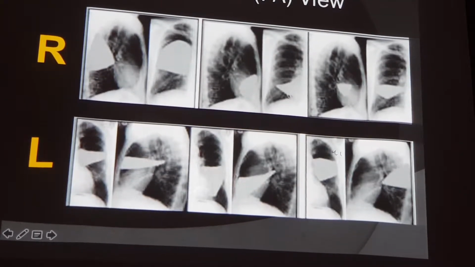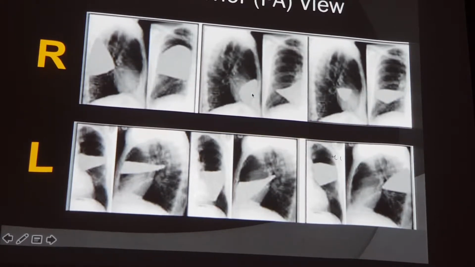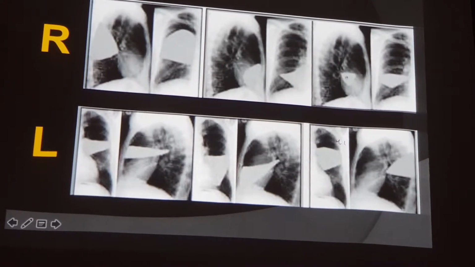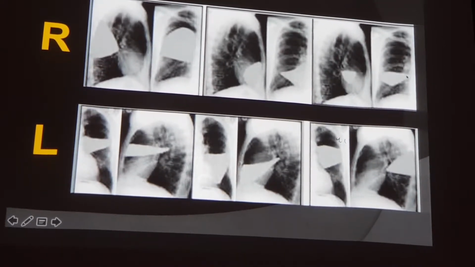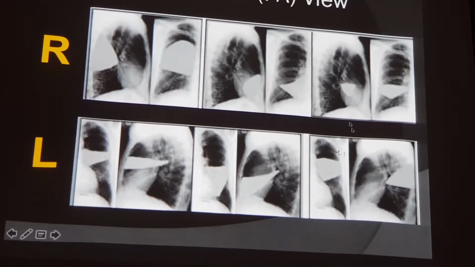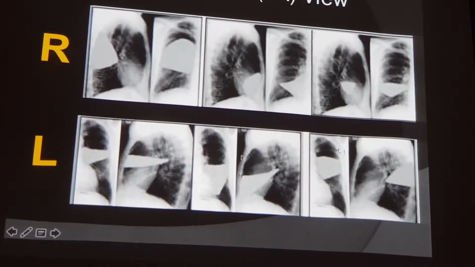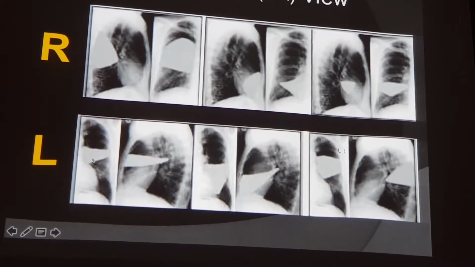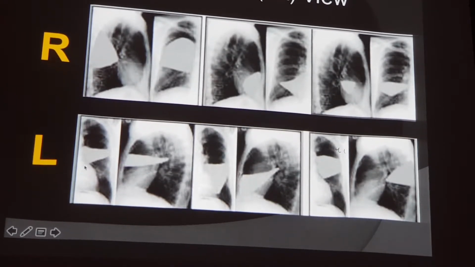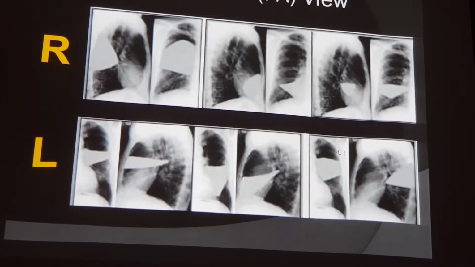This is the medial segment on the AP view, medial segment on the lateral view, the lateral segment of the middle lobe on the AP view, and this is how it appears in the lateral view. You just equate that with the lingula, which instead of medial and lateral for the middle lobe, has superior and inferior segments.